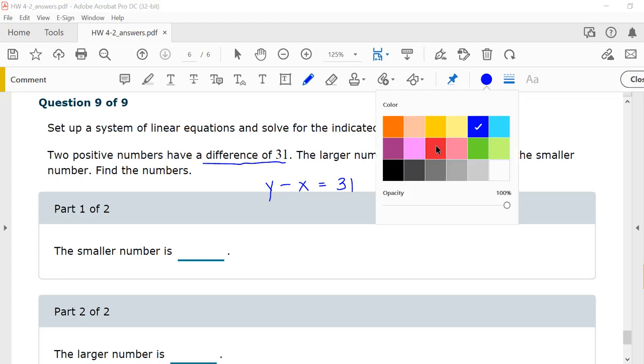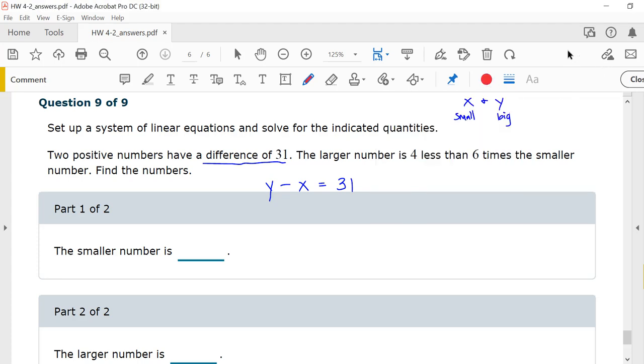Okay, for our second equation, the larger number is, so that's an equal, 4 less than 6 times the smaller. So the larger number is 4 less than, so I'm going to subtract 4, 6 times the smaller. Y equals 6x minus 4.